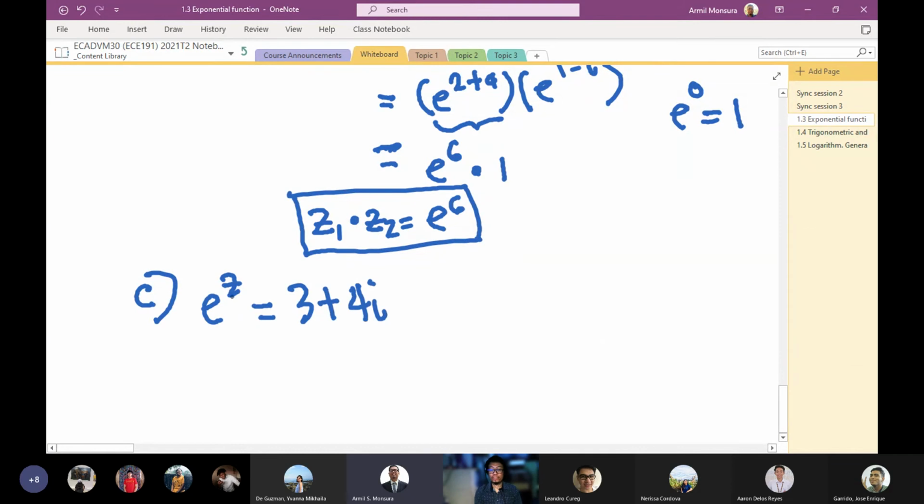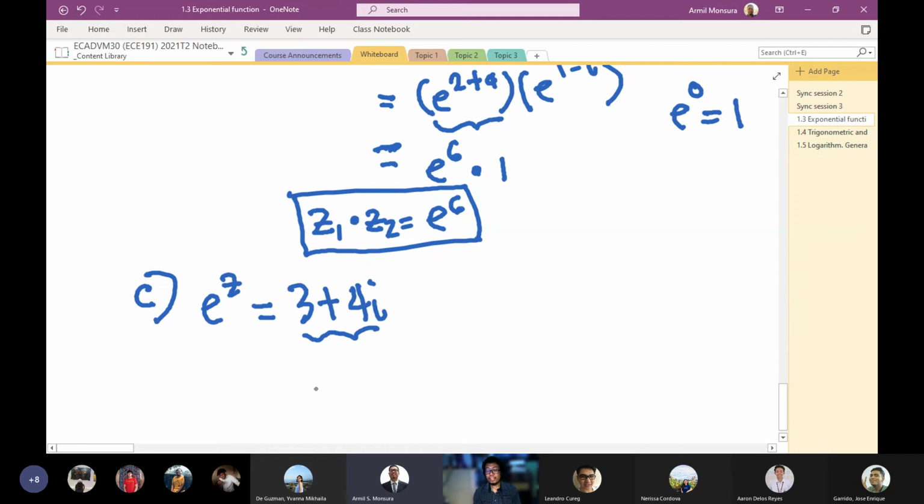We are asked to solve for the value of Z. So let's do this: since the left side is in exponential form, let us also convert the right side into its exponential form.